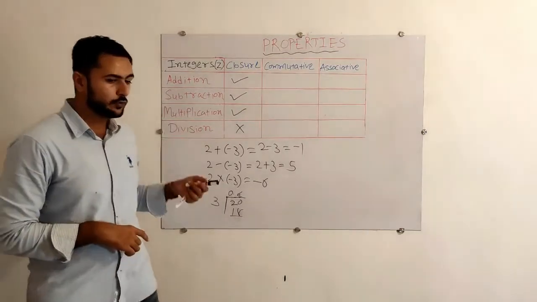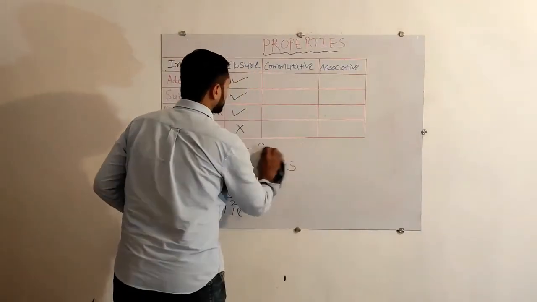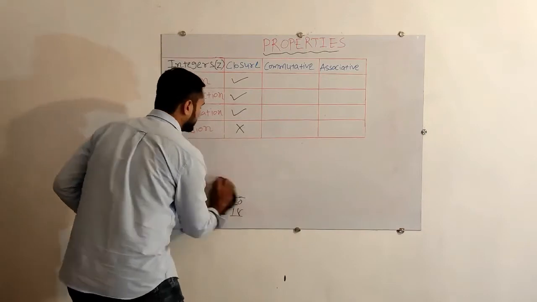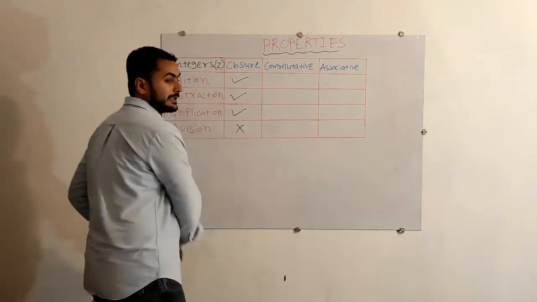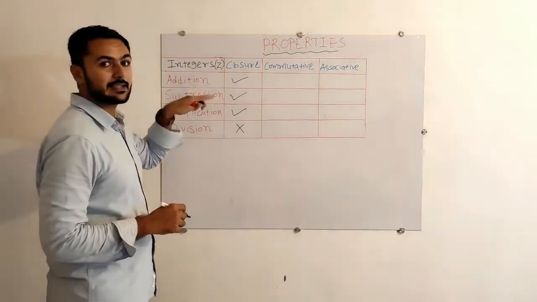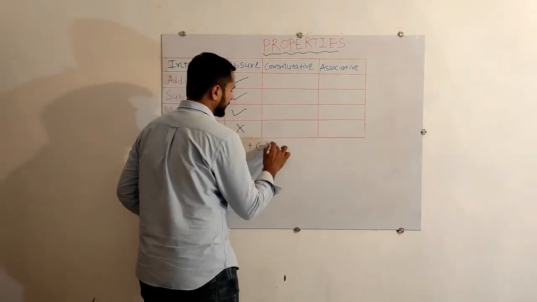Fine. Now we will do commutative. As we did for natural numbers and whole numbers, the same thing we will do for integers also. We will select any two numbers from the integers like 2 plus minus 3.